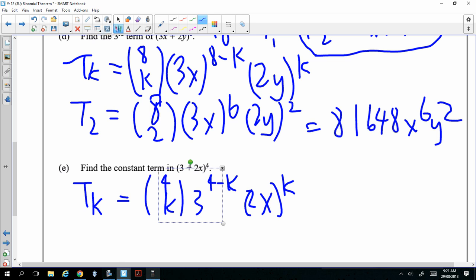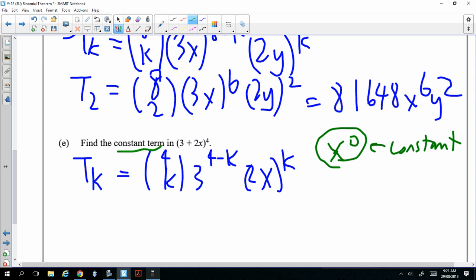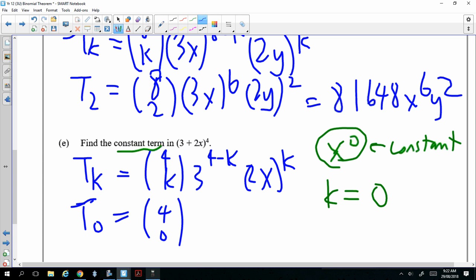So therefore you put k equal to 0. So let's find t0. Alright, so you get 3 to the power 4, which is 81, times 1. So 81 is the constant term.